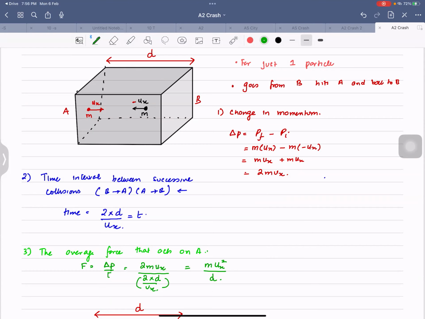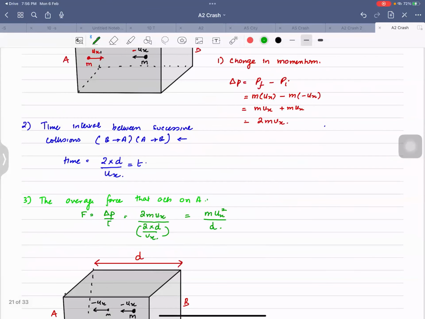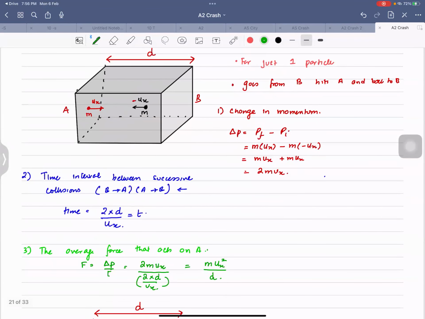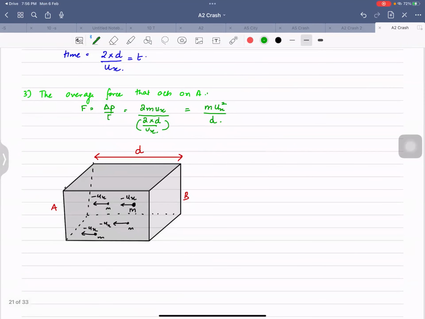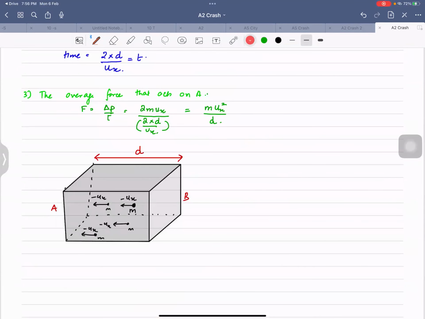All right. Right now we're only doing it for one particle, right? But there is not just one particle, there are an unlimited number of particles. So for n particles we would do something else. For now, we are assuming a few things before we go to our final conclusion.